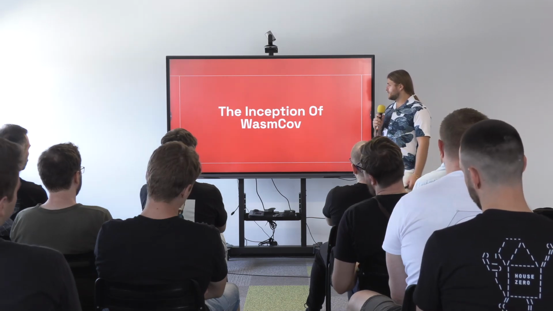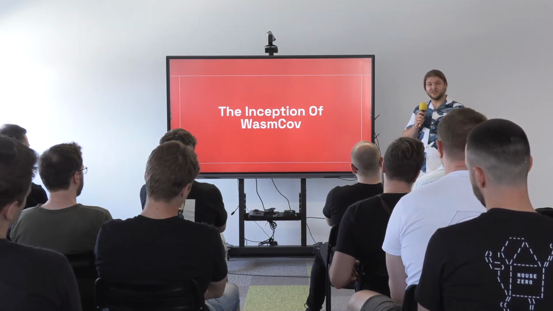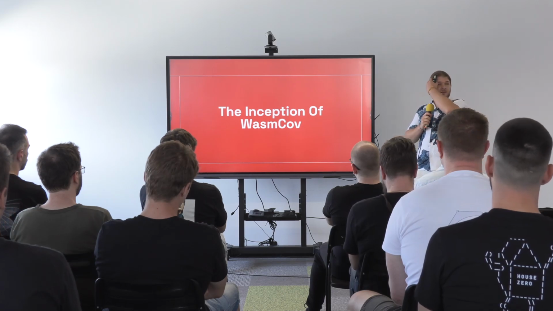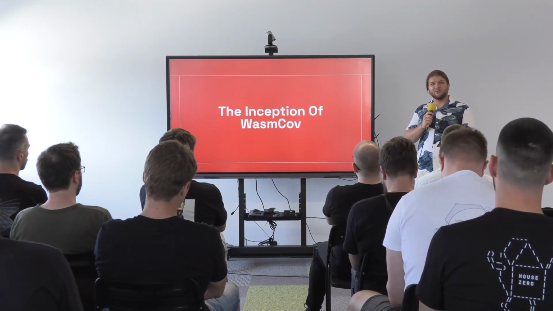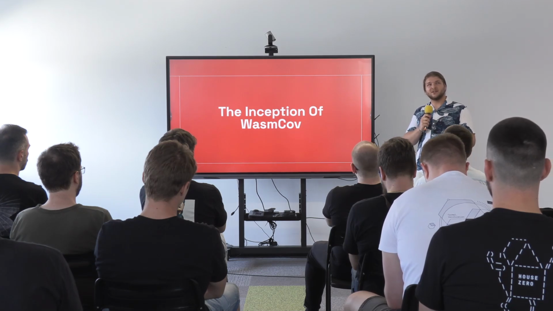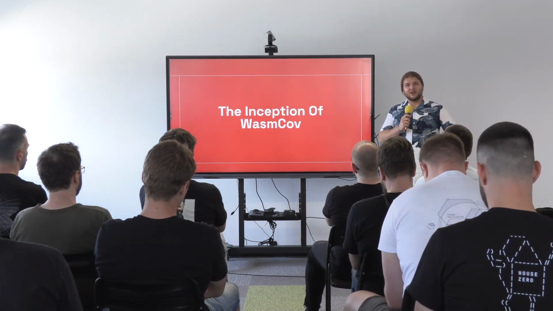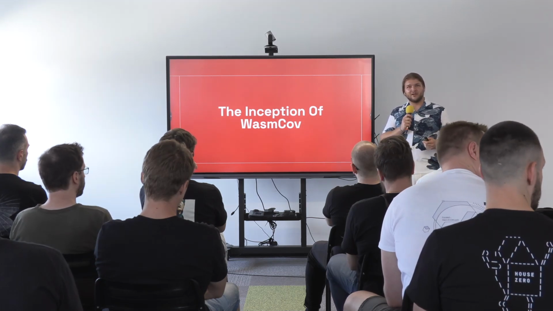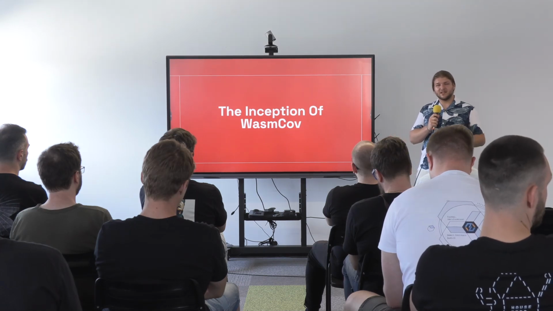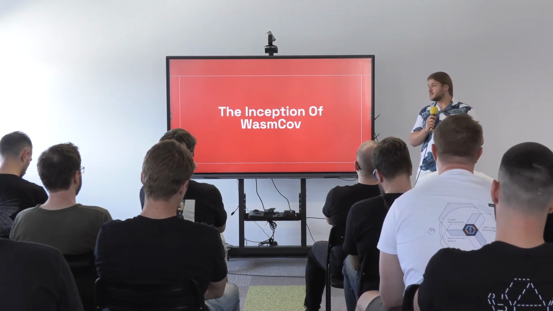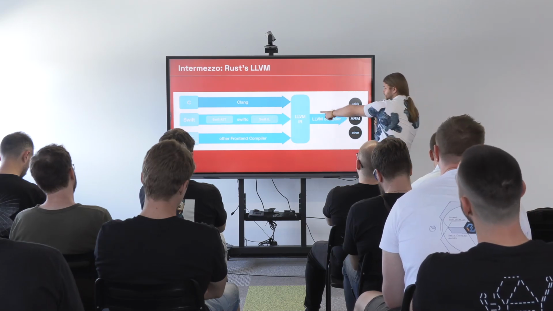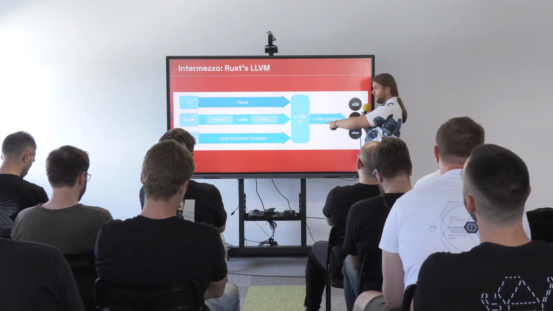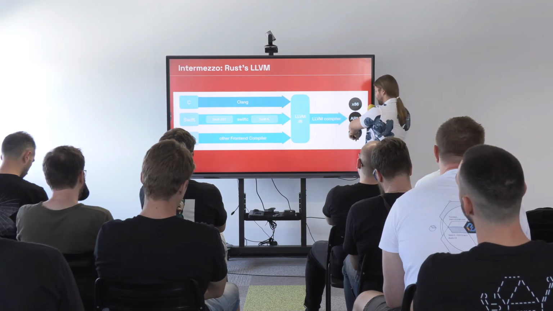And that's where we get to the inception of WasmCov. How do we solve this problem that it doesn't work for WASM? Or rather, why doesn't it work for WASM, and what can we learn here? The reason is that there's some garbling in this step between the IR, which is fine, and the WASM compile.